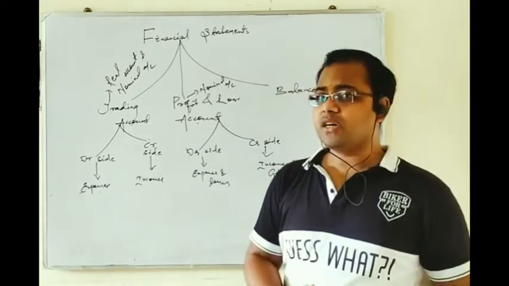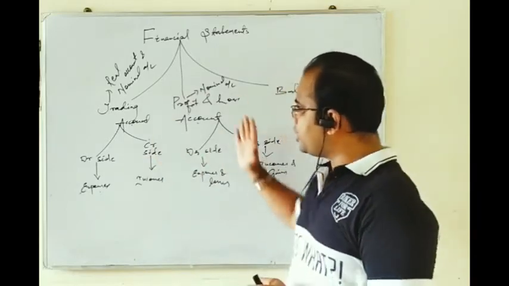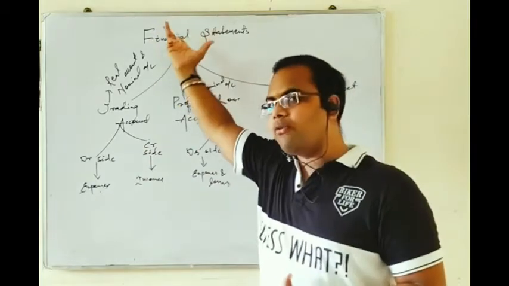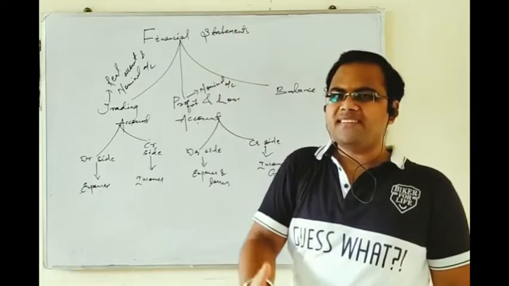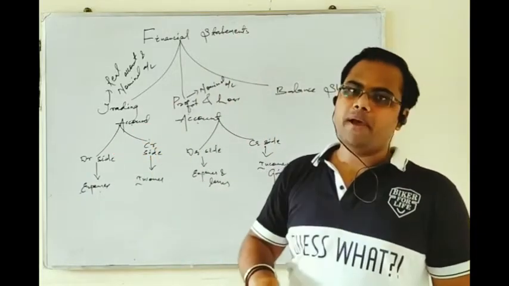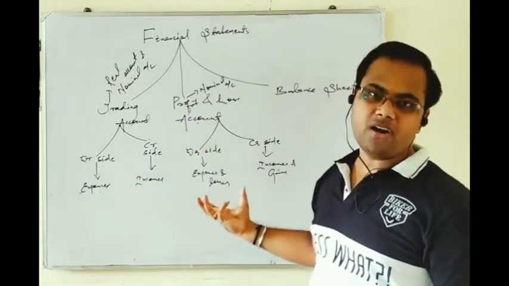The incomes which come first, obviously will be written in trading account, because this is the primary or the first account prepared under financial statement or the final accounts. So the first or the primary expenses and incomes are written in trading account. The second or the secondary expenses or incomes after trading account must be recorded in profit and loss account.